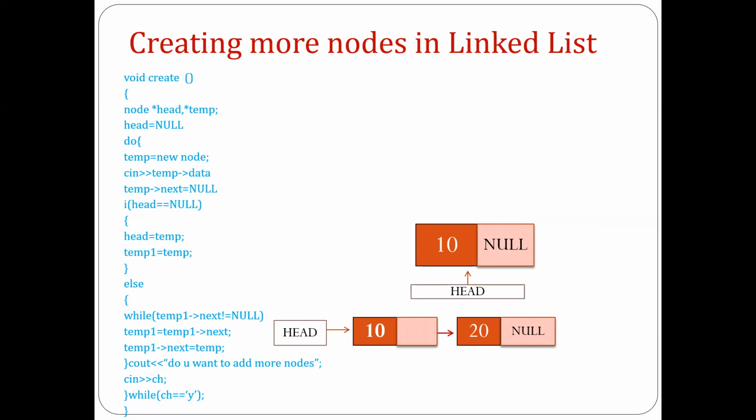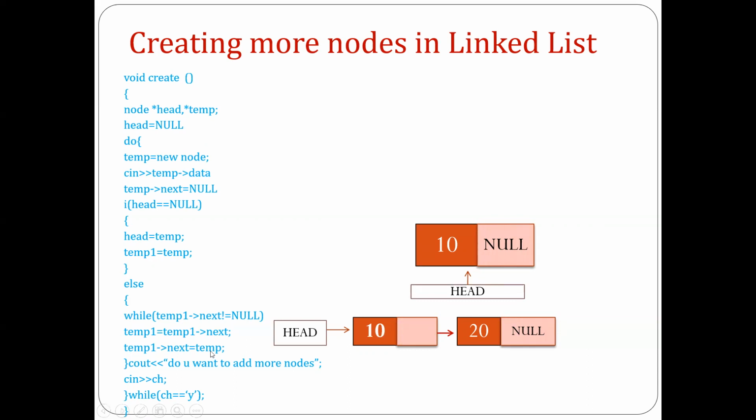How do we know which is the last node? We know that in a single linked list, the last node's address field is null. So by making use of that, I'm writing the condition: while temp1 next is not equal to null, temp1 is equal to temp1 next. That means I'm shifting the temp1 pointer till the last node. Whenever it reaches the last node, this is the temp and this is the temp1, because the new node I want to attach is named temp, and the last node in the original linked list is named temp1.